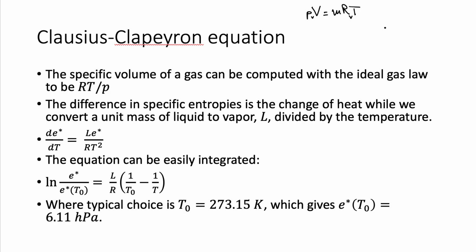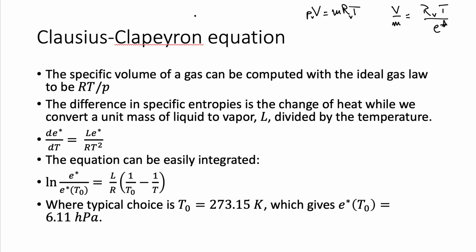Let me write this. You'd have that V over m would be R_v times T divided by e star.